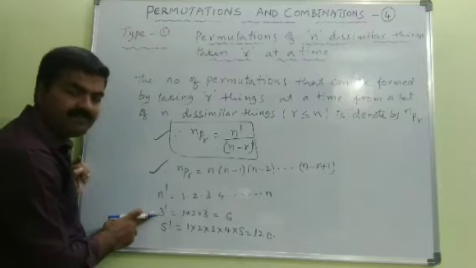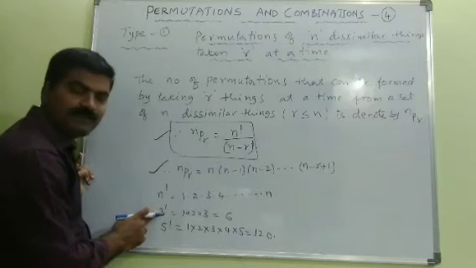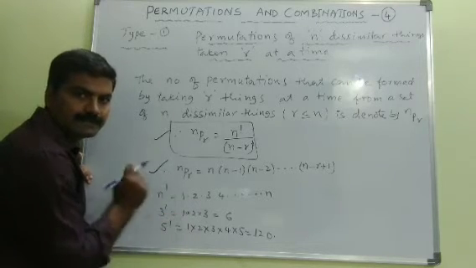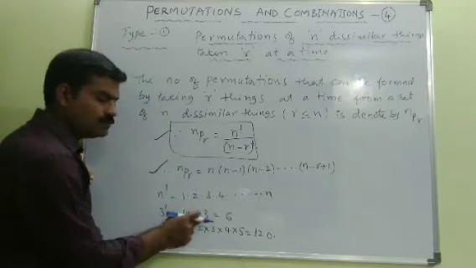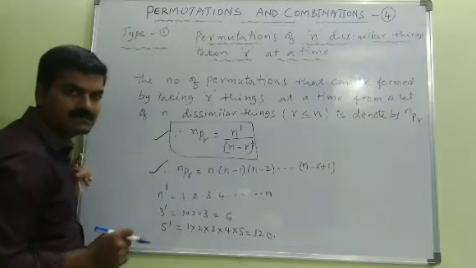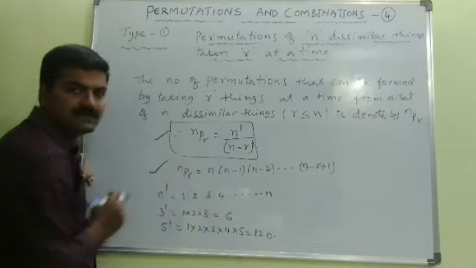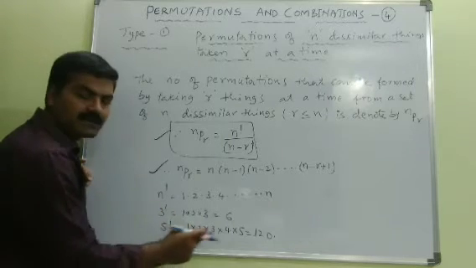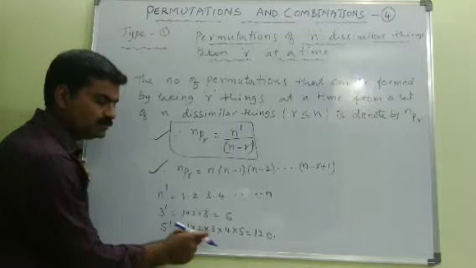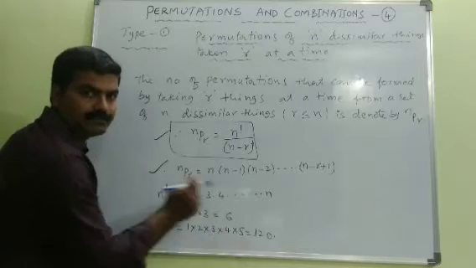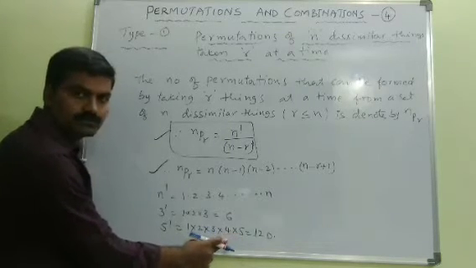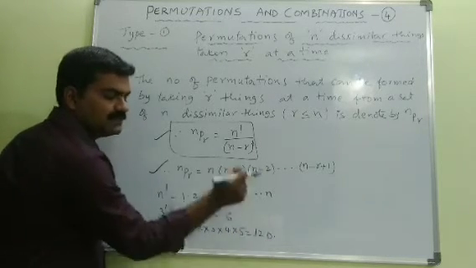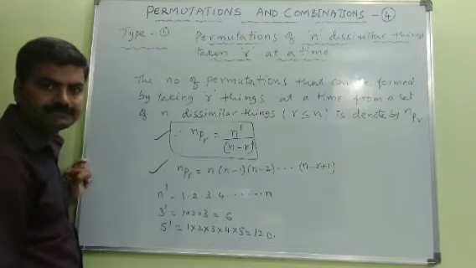For example, 3 factorial is 1 into 2 into 3, which is 6. Coming to 5 factorial, it is 1 into 2 into 3 into 4 into 5. 5 into 4 is 20, and 20 into 6 is 120.